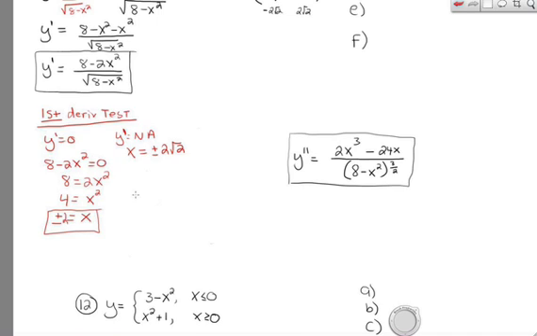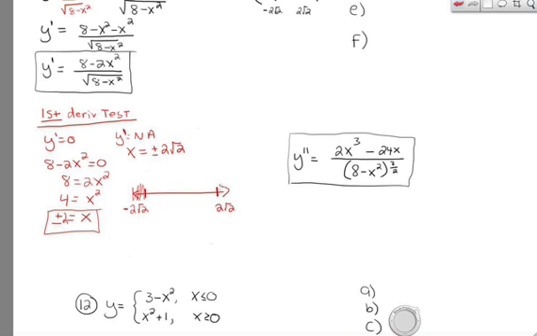Okay. Wow, we're at 12 minutes already. So we're going to make a sign chart. And this sign chart is going to be pretty much bookended by these 2 root 2 numbers, because you'll recall that the domain is only in between them.